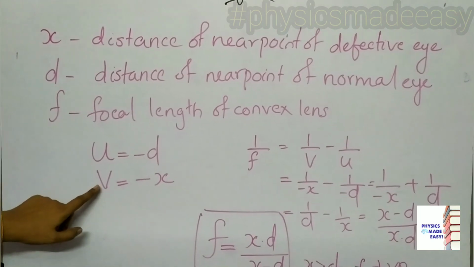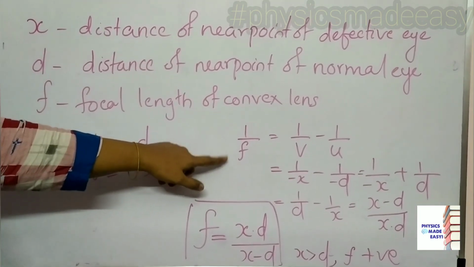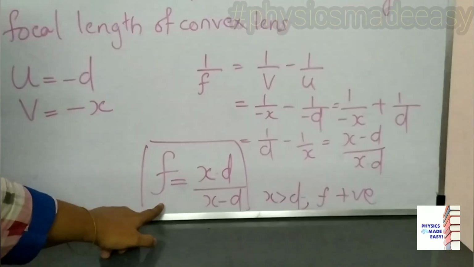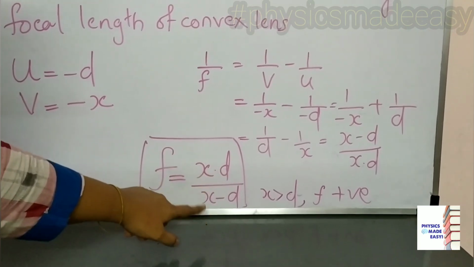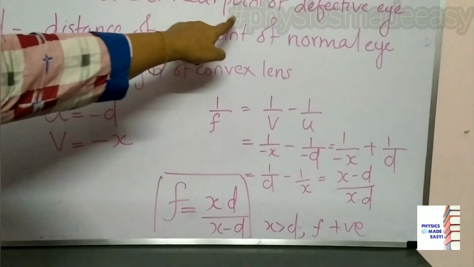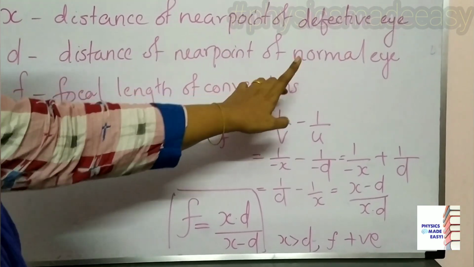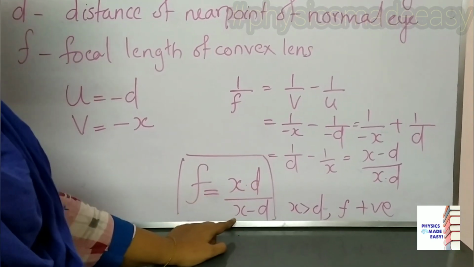Then v is equal to minus x. Then you can see the lens formula here. After substituting all these in this lens formula, you will get the focal length as x into d divided by x minus d. X is the distance of the near point of the defective eye, d is the distance of the near point of the normal eye. So focal length is x into d divided by x minus d.